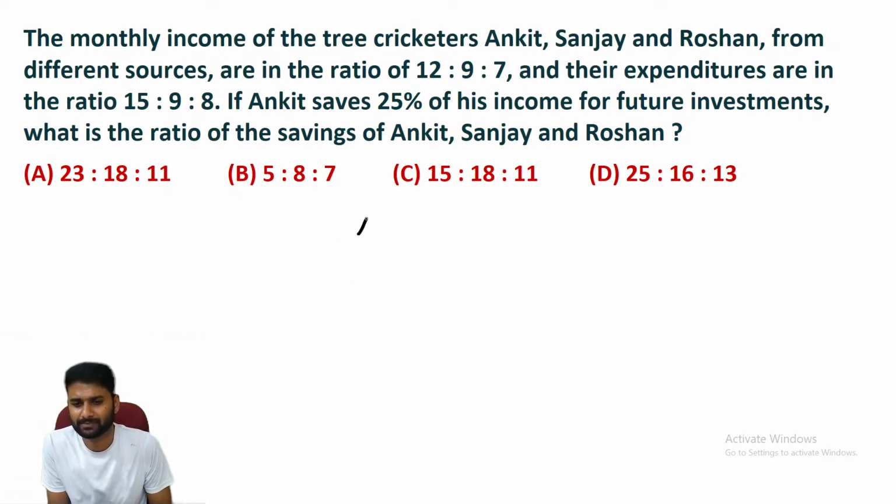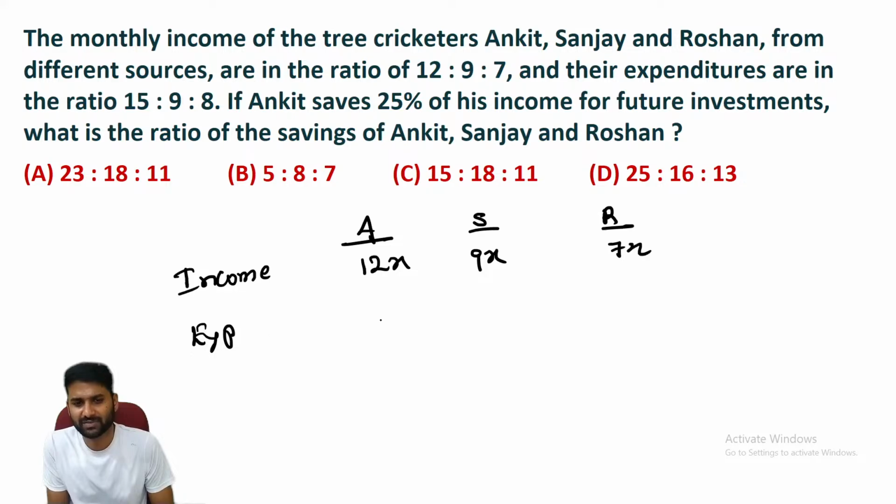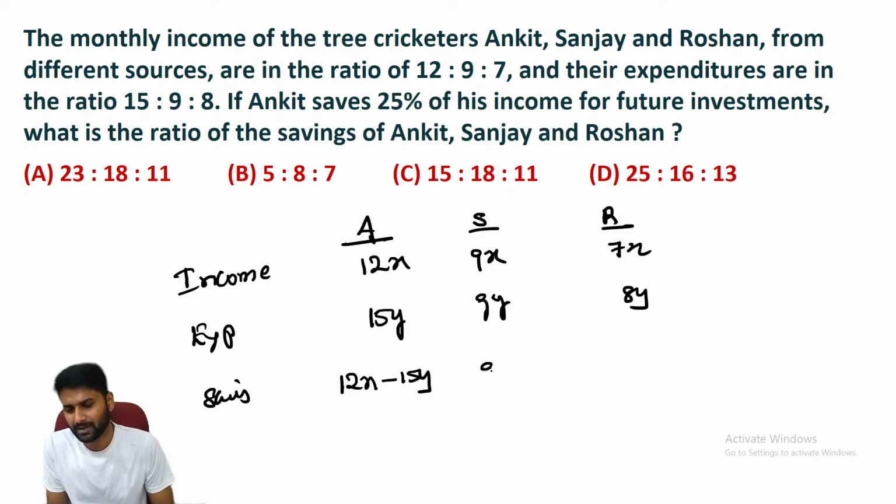They clearly mention monthly income: 12x, 9x, 7x is given, and expenditure 15y, 9y, and 8y. What about their savings? 12x minus 15y, 9x minus 9y, and 7x minus 8y.